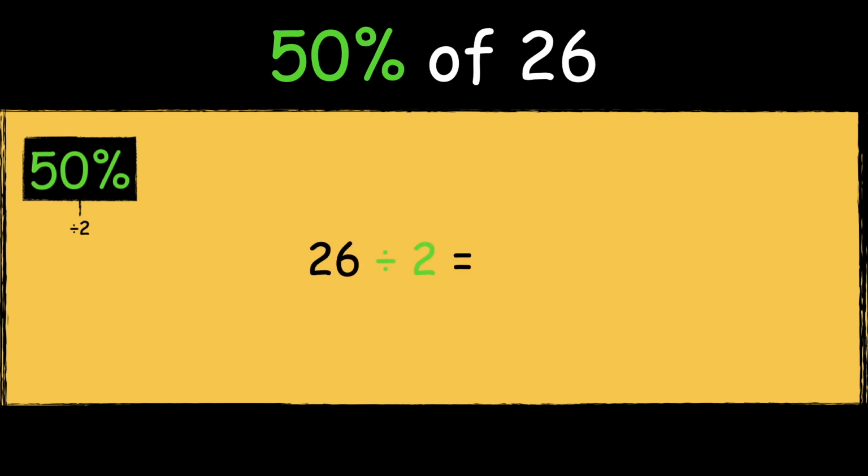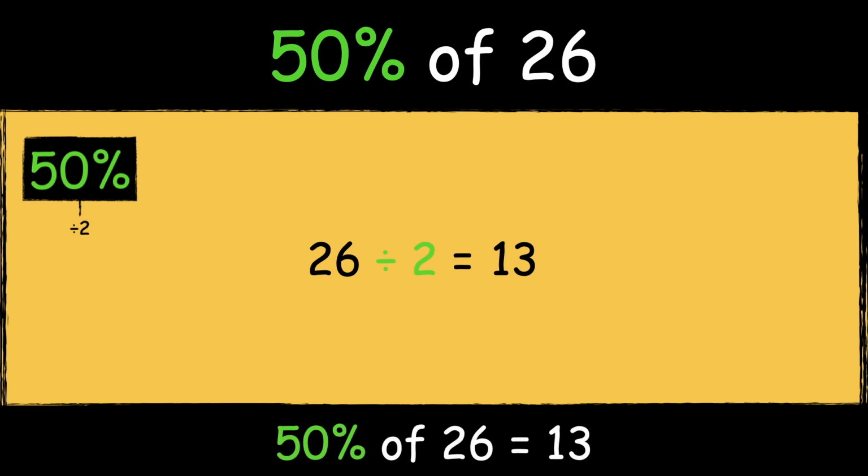Here's the last example, so let's start by doing 50% of 26. To find 50%, we half it. 26 divided by 2 is 13. So 50% of 26 is 13.